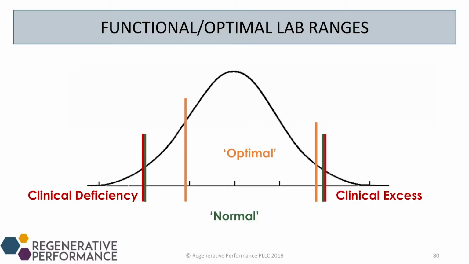So it moves us from this black and white, deficient, excess, normal, into this kind of phase where you're like, this is interesting. This doesn't look like it's in the normal, optimal range, so maybe I need to do a bit more digging on this subject.